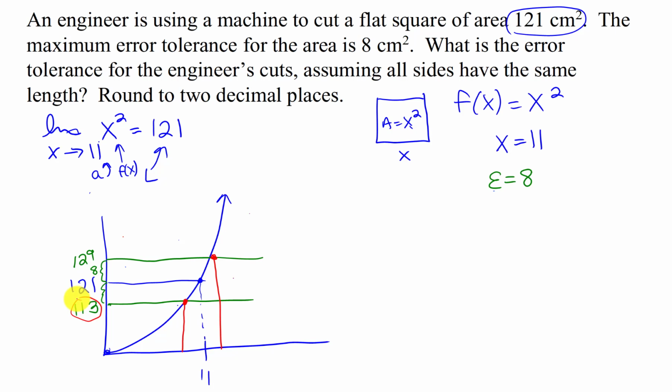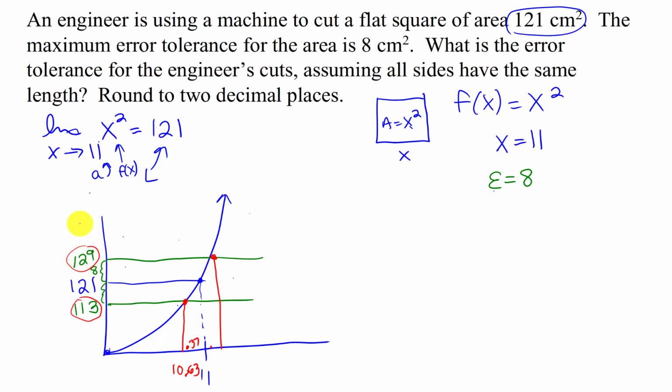I'm just getting the calculator and doing the square root of 113 to 2 decimal places. When I put that in the calculator, I get 10.63. So if I take 11 and subtract 10.63, I'm 0.37 away.